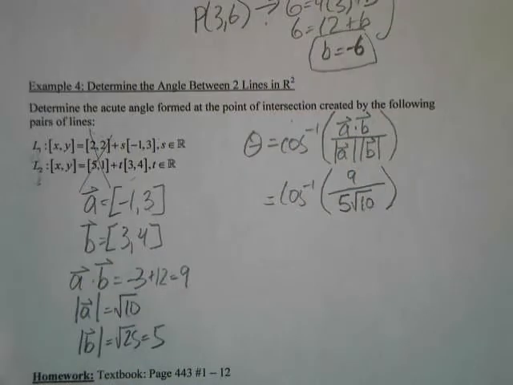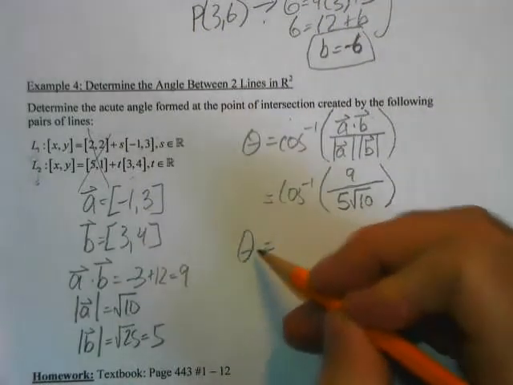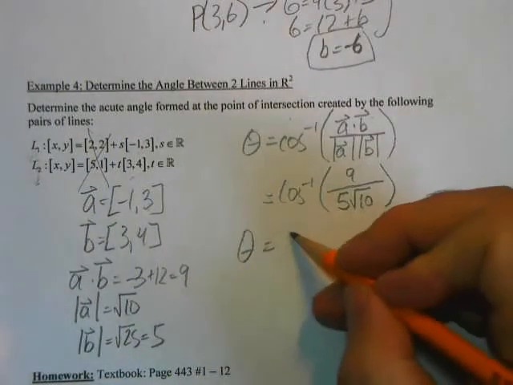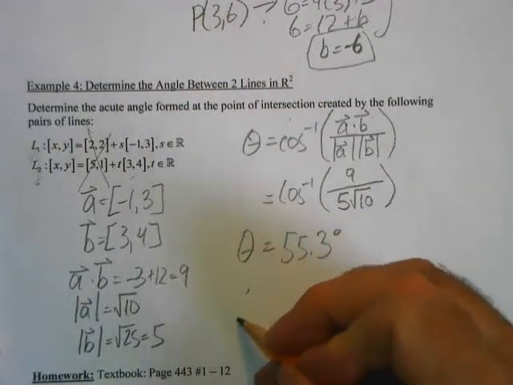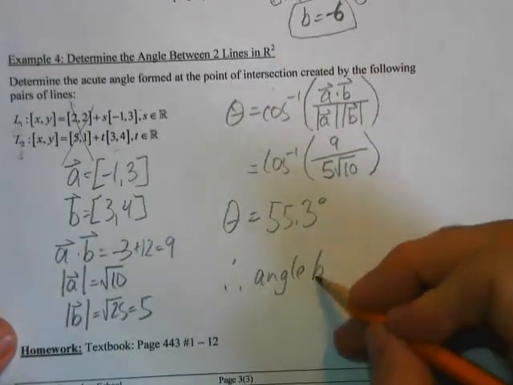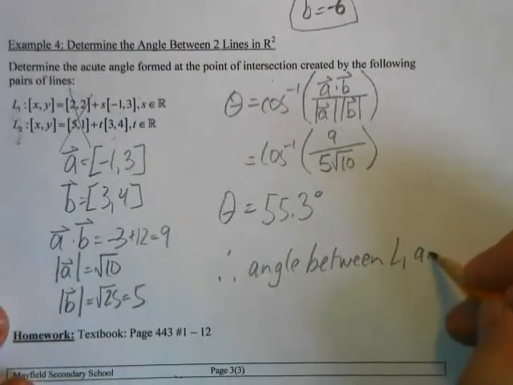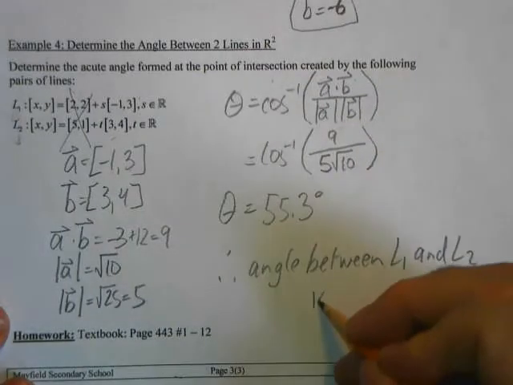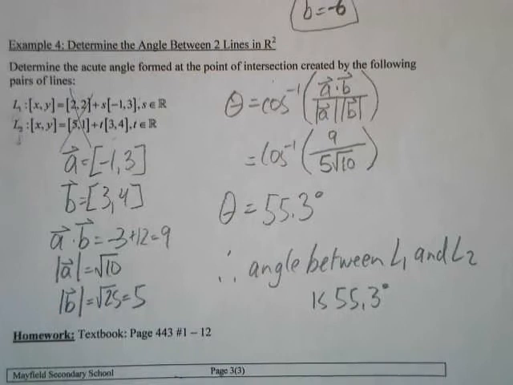If I do this on a calculator, I get theta equal to 55.3 degrees. So therefore the angle between L1 and L2 is 55.3 degrees.